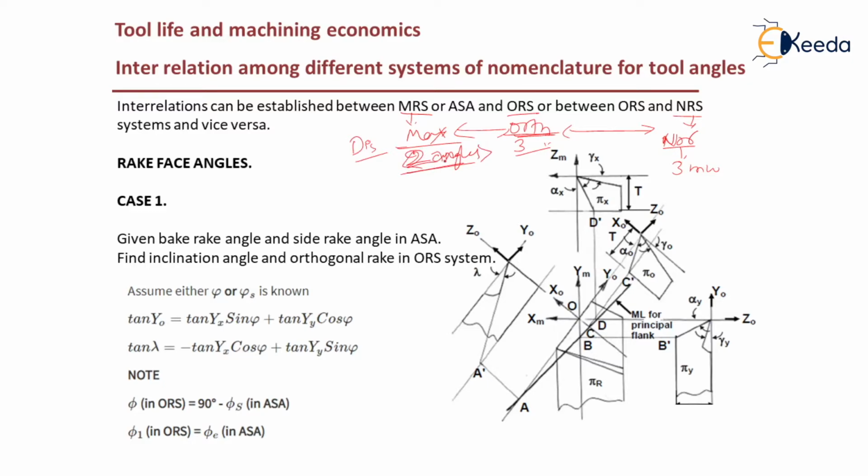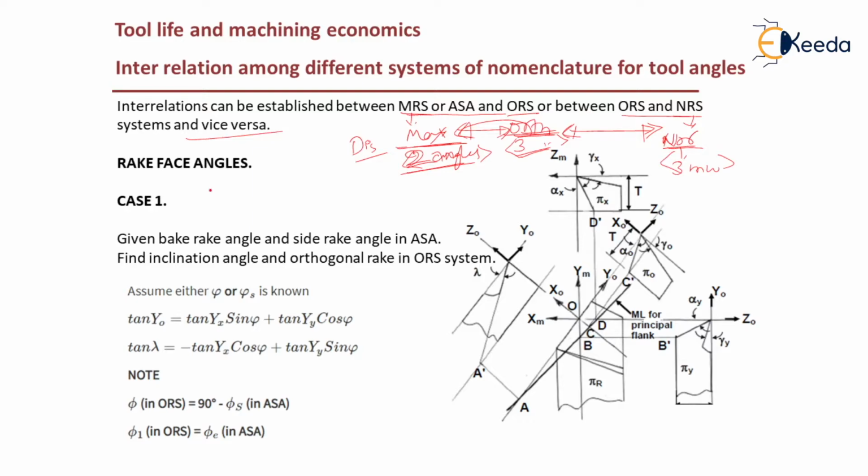So you can get these two angles from the angles obtained in the other systems, ORS and NRS, and convert them into the MRS system. So there should be a relationship between all of these, and that we will see in this video. The interrelationship can be established between MRS, ORS and NRS and vice versa.